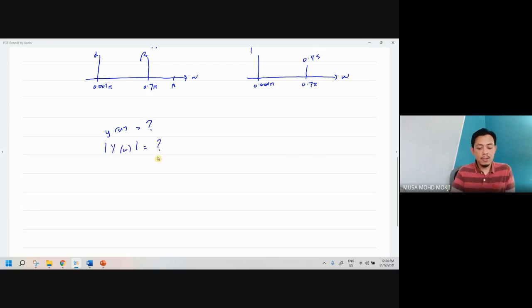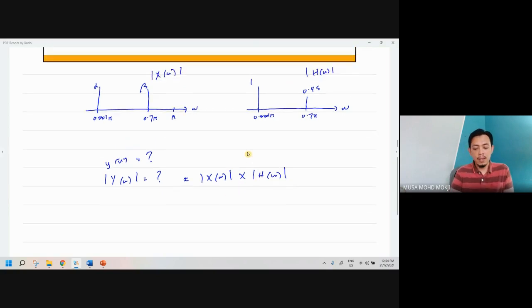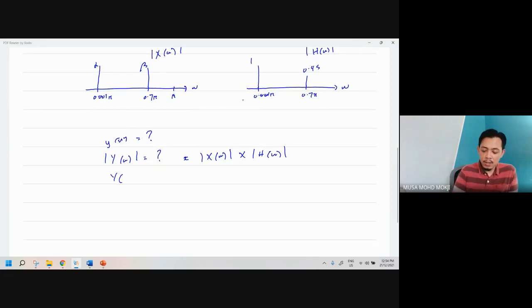Because of the convolution property, this is just multiplication. So at Y 0.01 pi, this is equal to alpha multiplied by 1, which is equal to alpha.